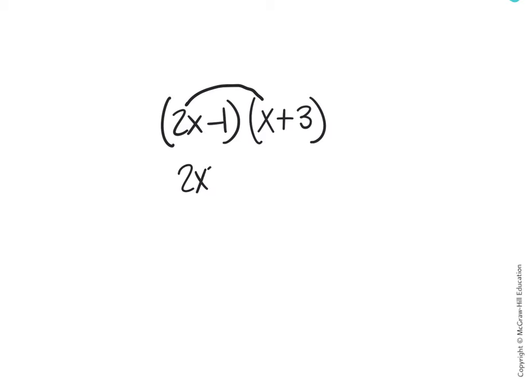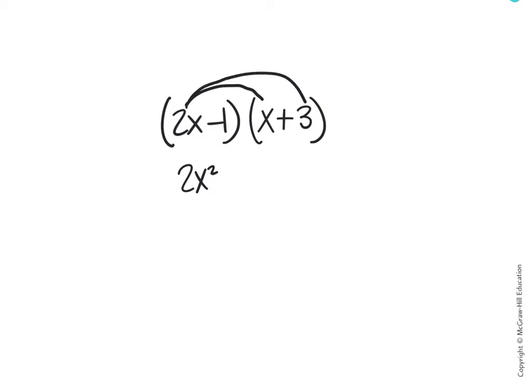So if you remember in the last lesson, we did multiplying binomials. So let's say it's 2x minus 1 times x plus 3, or whatever, okay? We knew it was multiplication because there's nothing in between here. So we would do 2x times the x to give us 2x squared.